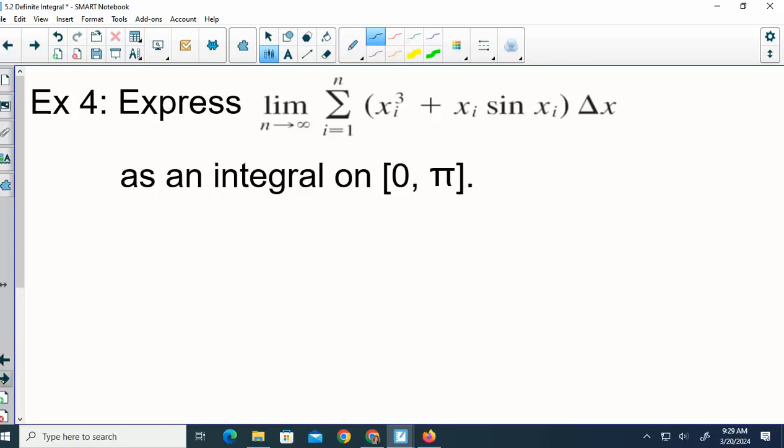So it would be the integral from where to where? From 0 to pi. What's my function? Basically just ignore the x sub i's, and instead of change in x, we write dx. Is that all good? We're stopping here.